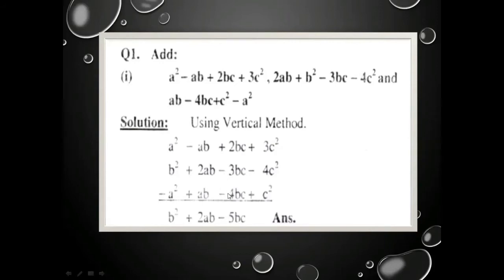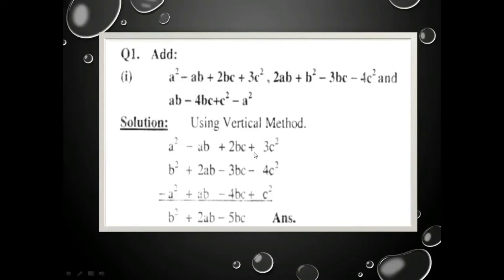Two minus signs are there, so we will add them, and we get minus 7bc. That minus 7bc will be added with plus 2bc, then minus plus is minus, and 7 minus 2 answer is 5bc, and we see minus 7 is greater, so we put here minus 5bc.